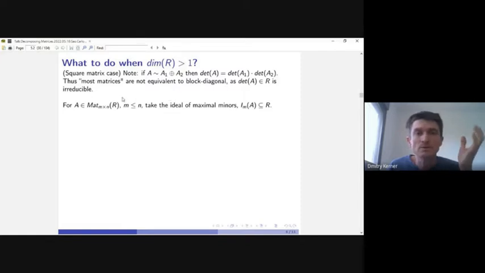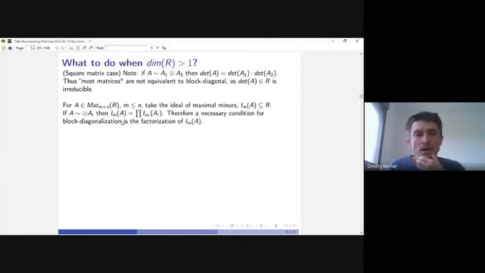Let's state it for rectangular matrices, not necessarily square. There, instead of the determinant, you take the ideal of maximal minors, the classical ideal generated by all the m by m minors of the matrix. If A is equivalent to a block diagonal, then the ideal of maximal minors will be just the product of the corresponding ideals. Therefore, the necessary condition for block diagonalization is the factorization of this ideal of maximal minors.